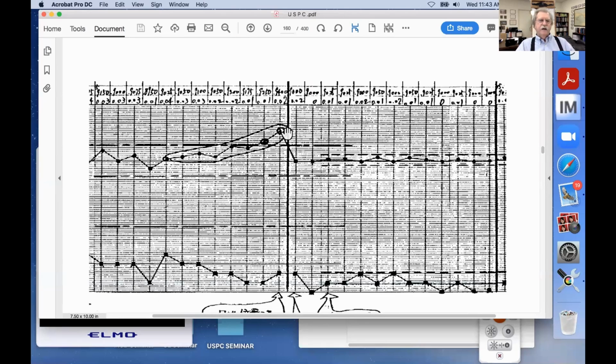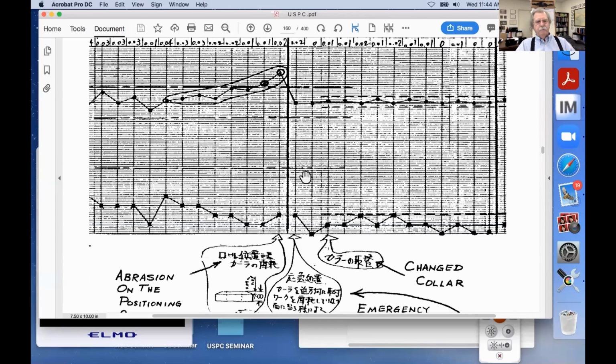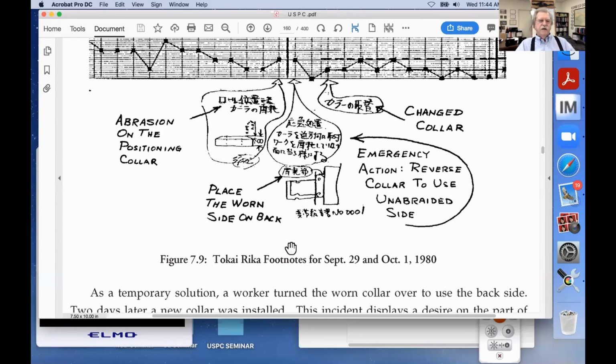What happens the very next day after this out of control point? They're right back on the target. How'd they do that? They jury-rigged it, placed the worn side on the back. Emergency action, reverse course collar to use unabraded side while they're waiting on a new collar to come in.